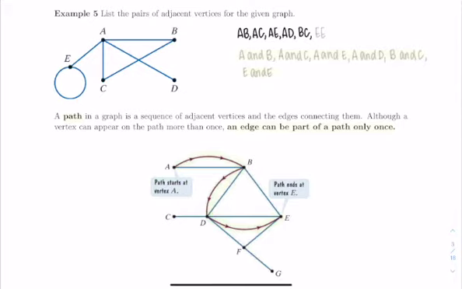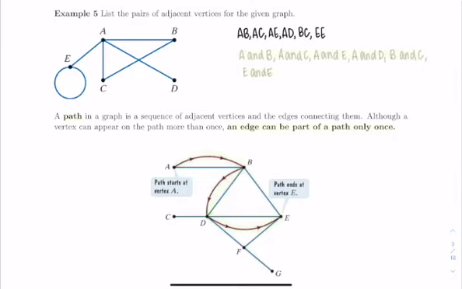Let's look at D. D is only connected to A, and we've already taken care of that. And the last one is E. E is connected to A, and we took care of that, but E is also connected to E. So those are all of the edges that we have in the graph.